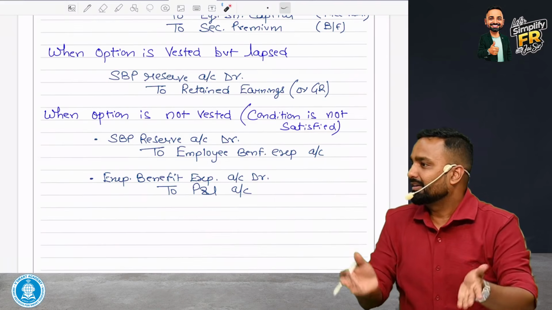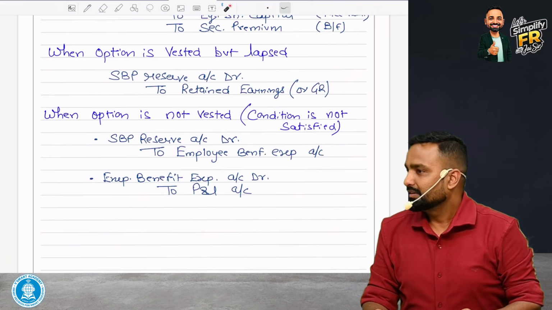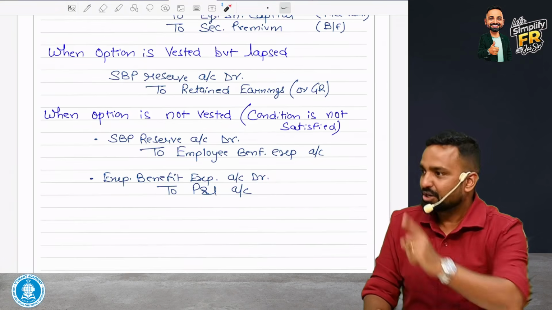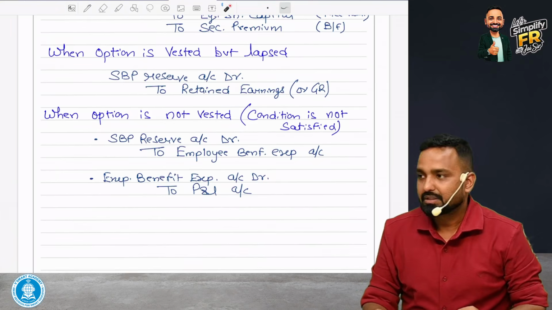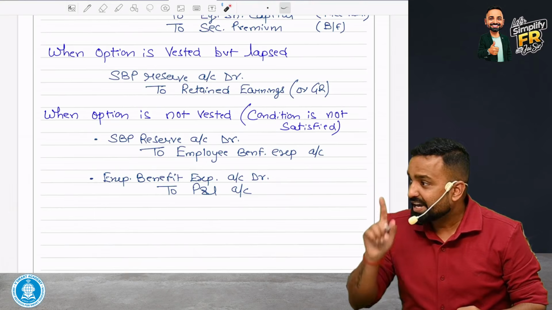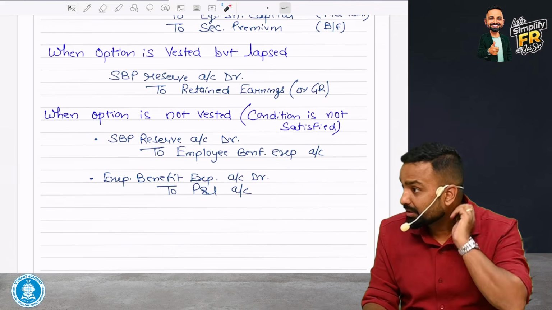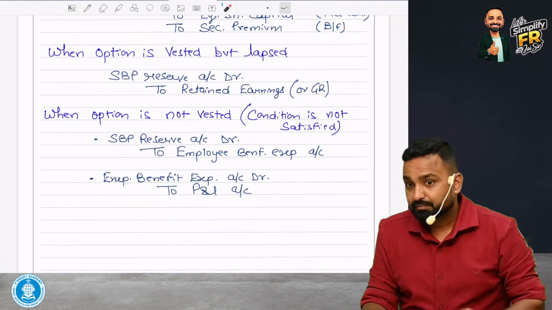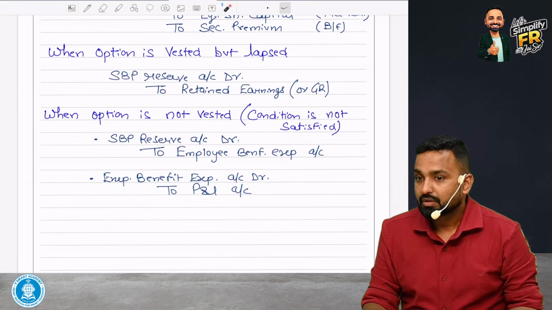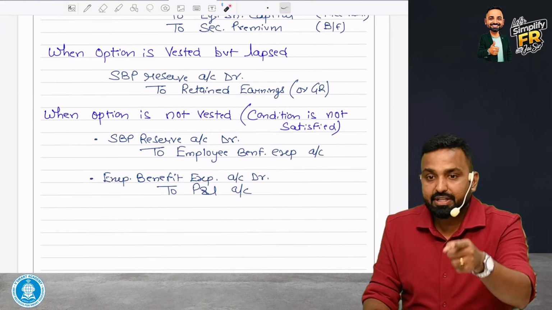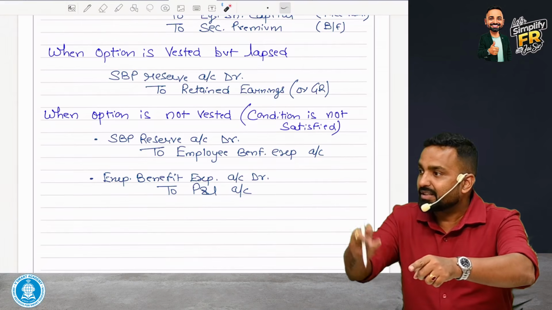Matching principle. I cannot reverse the expense because of the matching principle. From your childhood days, matching principle. What is the matching principle? Expenses should be recorded in the same period when you are getting the benefits.